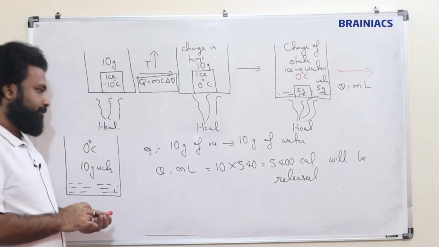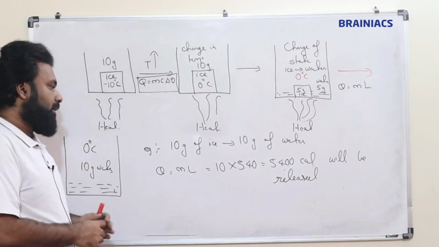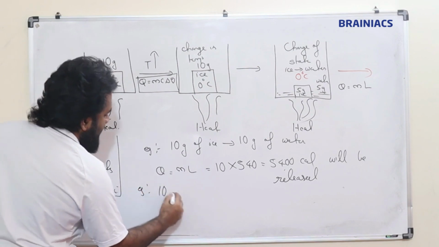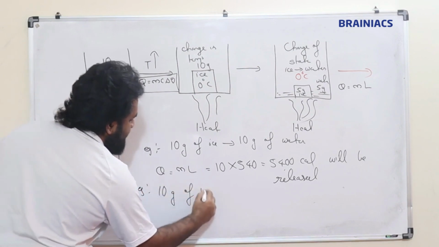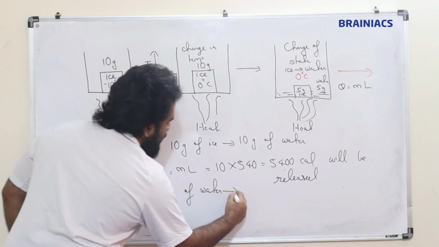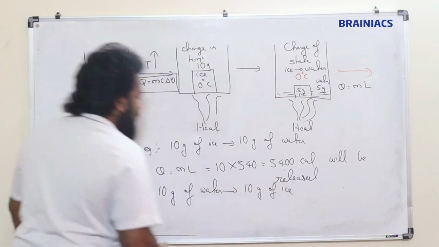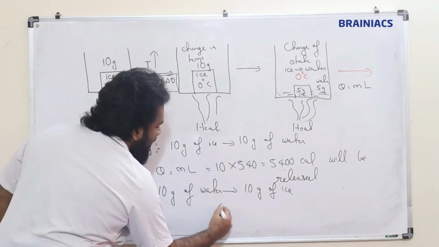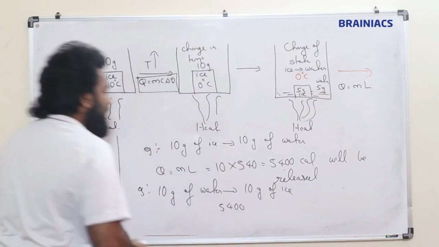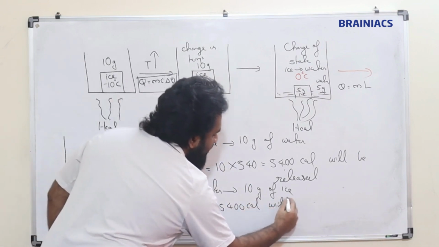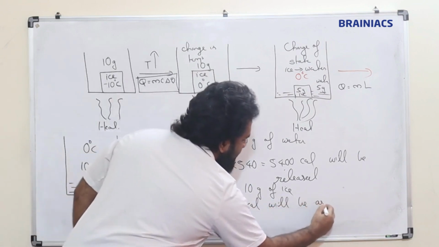Clear? Suppose we need to convert 10 gram of water to 10 gram of ice, then what will happen? Again the same value will come, but 5400 calories will be absorbed.